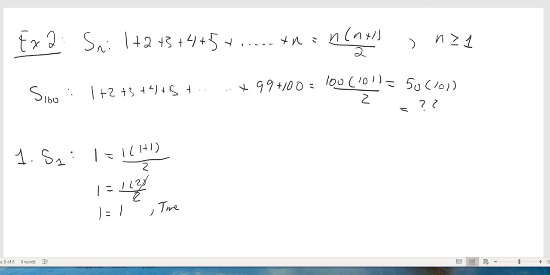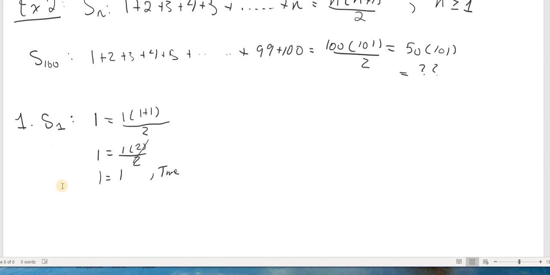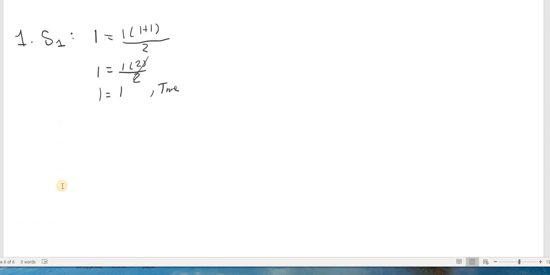Okay, so it works for the first number. Now let's try the next one, because remember we said all we need to do is test the first number. But it's a good idea to test several examples, so let's try more. Let's see. 2. So what does this mean?